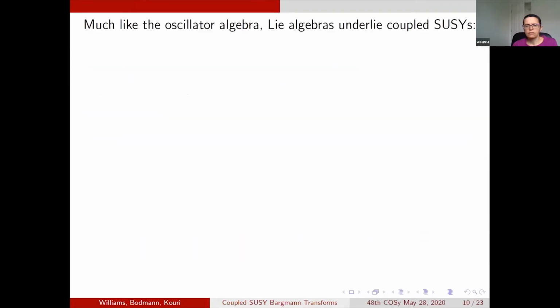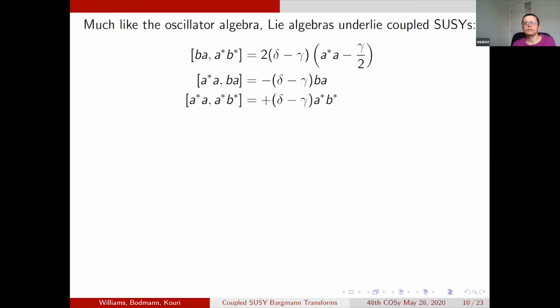So much like the oscillator algebra, there's actually a Lie algebra that underlies this, or two actually, because there are two separate Hilbert spaces and there's an algebra on one and an algebra on the other. So this top one is actually the algebra on H1. And you can see there's some creation and annihilation operator conditions on the last two equations. And then the top one is actually just the commutator of the raising and lowering operators.